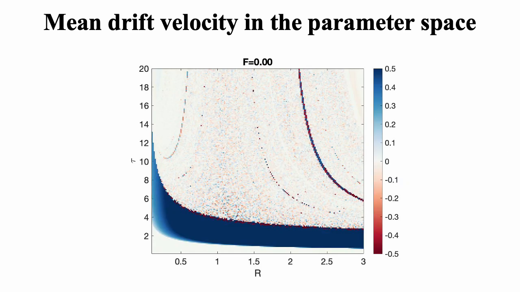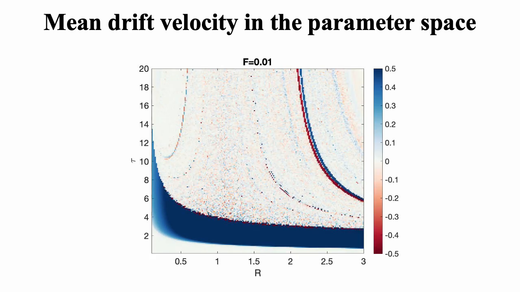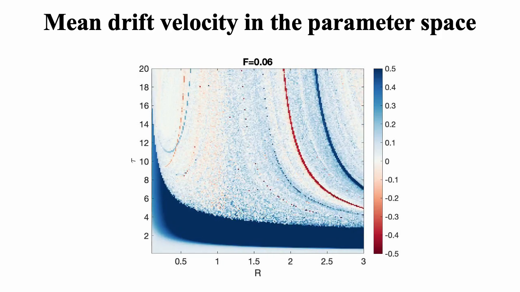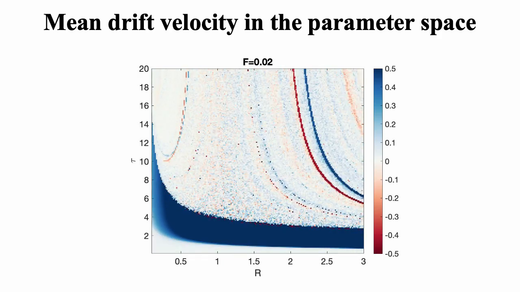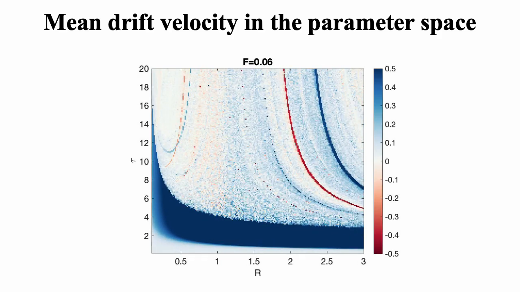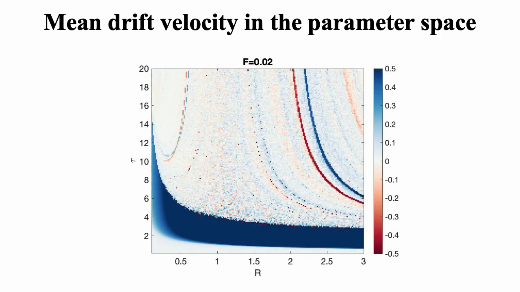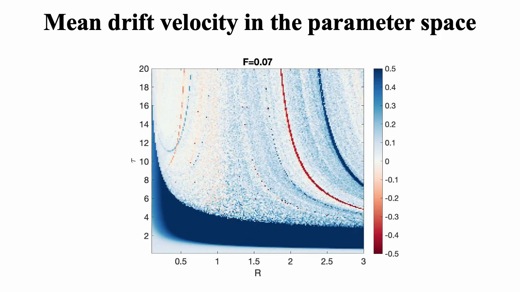All right, so now let us try to see how this parameter space changes when we add the bias force and progressively increase this. As you see there, as the bias force increases, the band of periodic orbits split and separate in the parameter space.